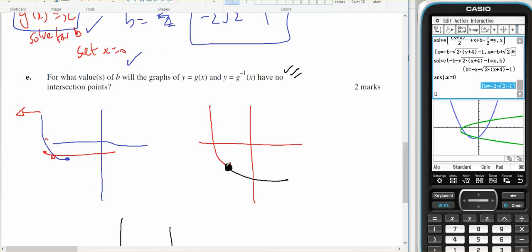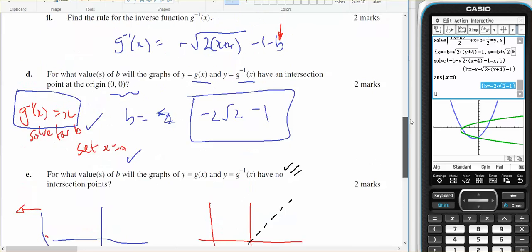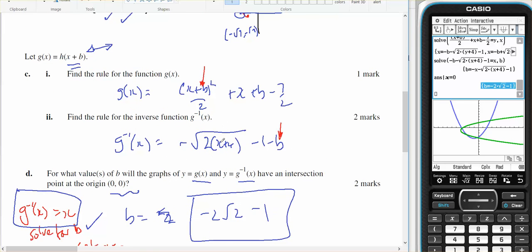Now, for this to occur, the turning point and the starting point of my square root, the x and the y, have to be the same, because it'll be on the line y equals x. So this will always be at -4.